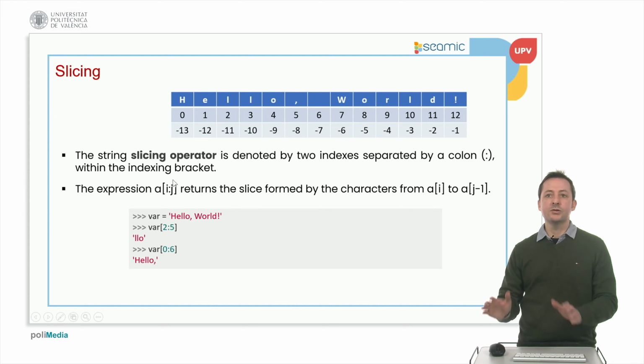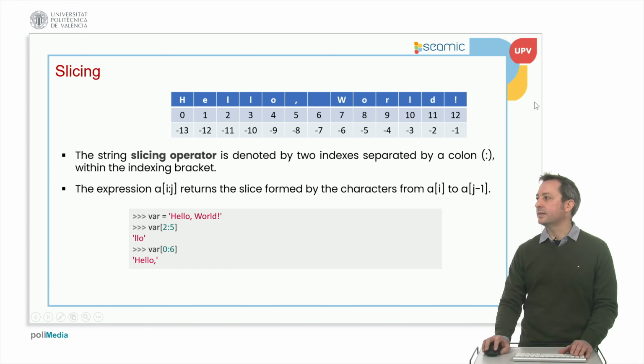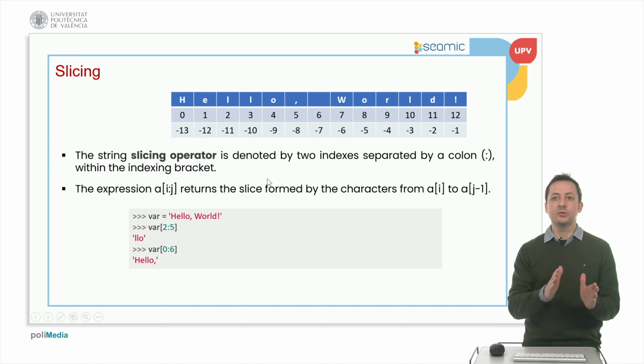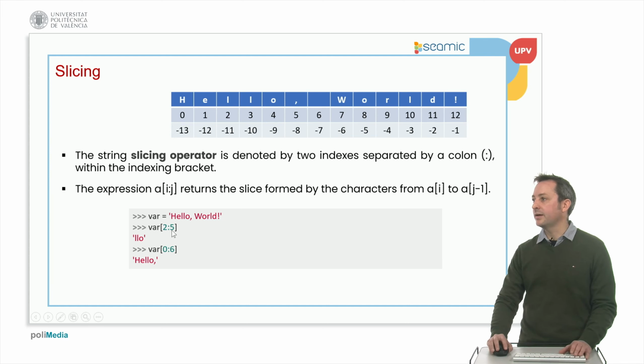In addition, by using strings, we also have the slicing operator. This operator is represented by a colon and allows us to obtain a substring between some initial and some end position. In this case, here we want to obtain the substring between position 2 and 5, which is this string. Take into account that using the slicing operator will provide us with this substring, but always until the position before the end.